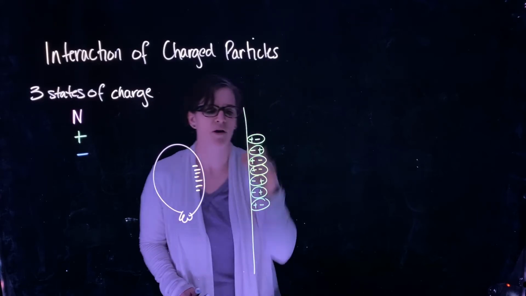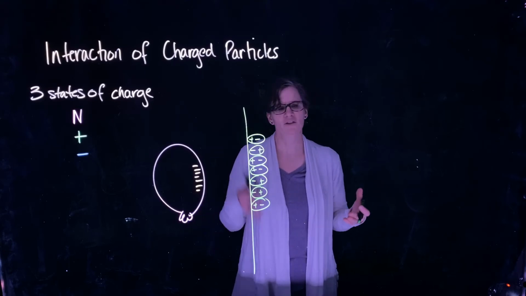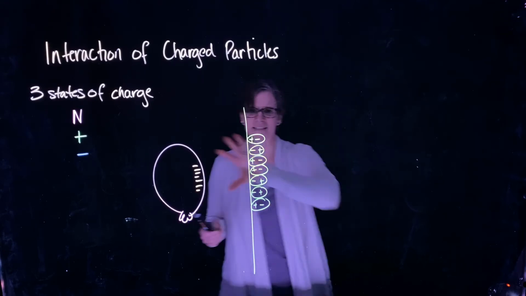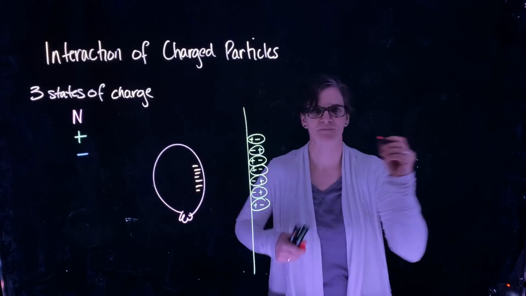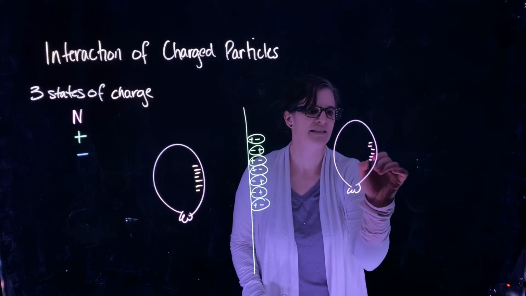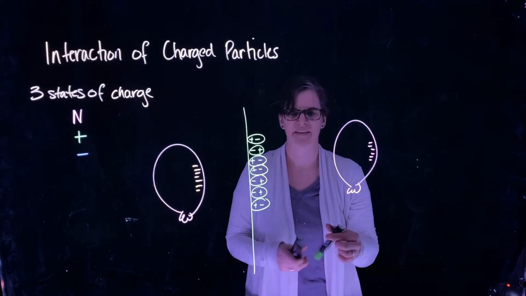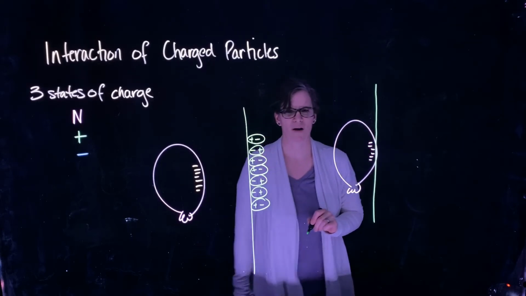If I add up all the pluses and all the minuses, I get equal numbers. So I have a neutral wall. Now let's take this balloon and move it towards that neutral wall. So here's my balloon again with all its negative charges there on the side, and now I put it right next to that neutral wall.